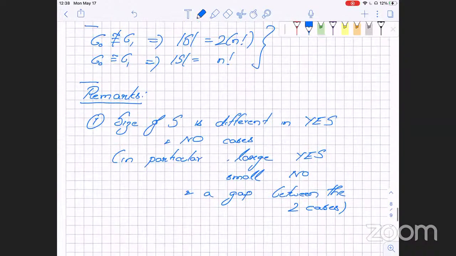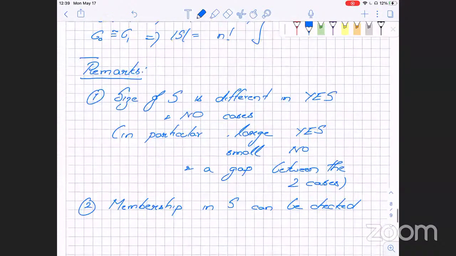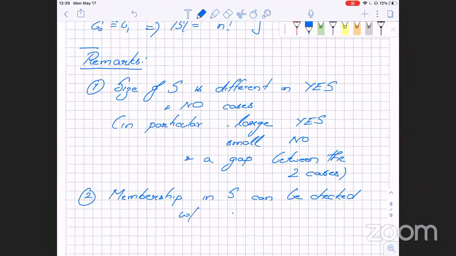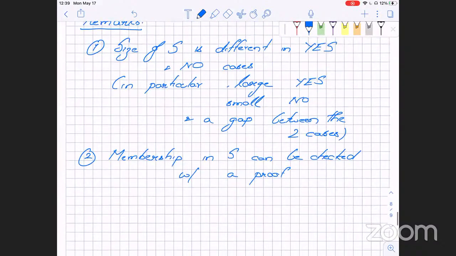And the second thing is membership in S. Membership in S can be checked with a proof. If I claim that the pair (H, pi) is in S, how would you give me this proof?